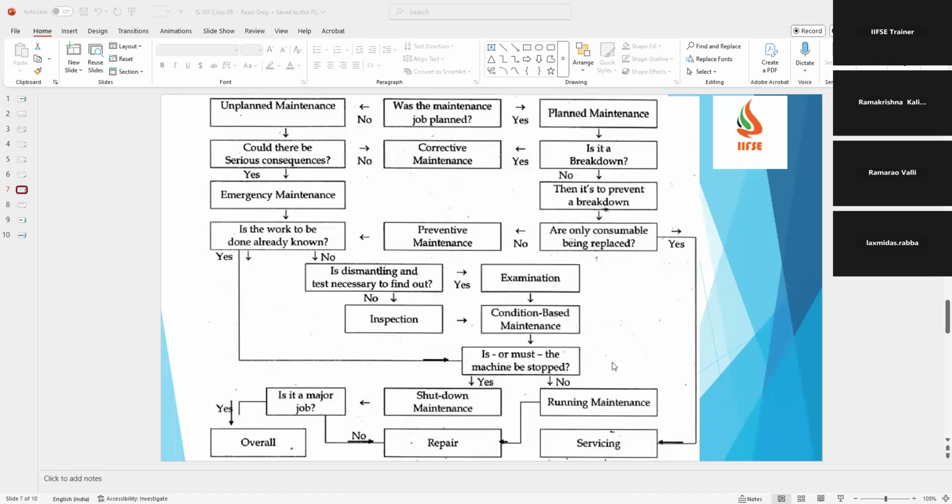Then, as Ramarao mentioned, continuous improvement and monitoring of people performance, and also communication of this policy to all the respective internal and external stakeholders. Okay, so these are some of the commitments they used to write.